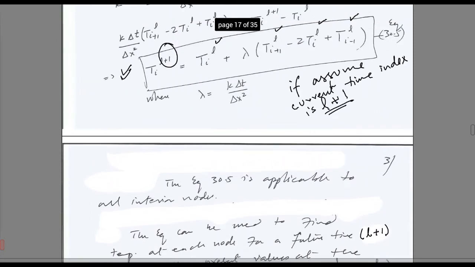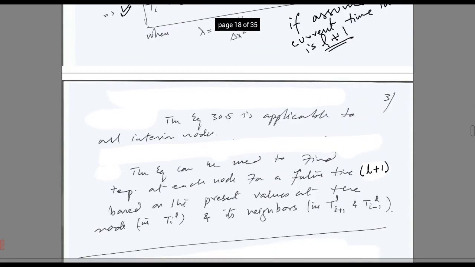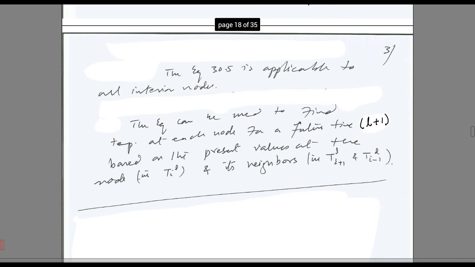So equation 30.5, this one, is applicable to all interior nodes. The equation can be used to find the temperature at each node for our future time L plus 1.